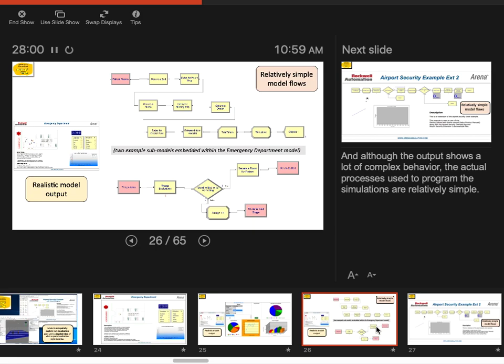So really all the work went into drawing these flowcharts. And then there's a little bit of work in making the graphical front end, but it just connects to this. So the real sim work is just done in parameterizing how long do they wait for the triage, how often do they get secured into a room, and so on and so forth. And once you have all of that, then it's easy to visualize here. So most of the effort goes into this stuff, and then this just sort of comes out for free.